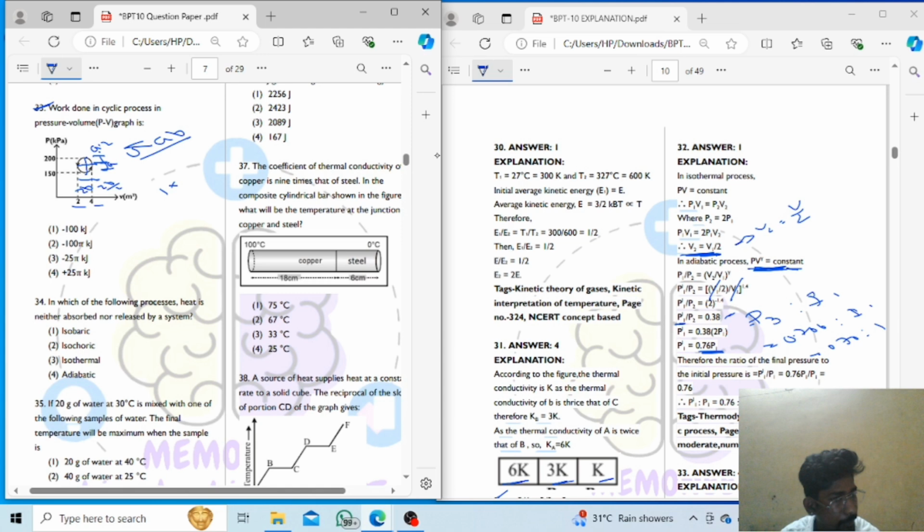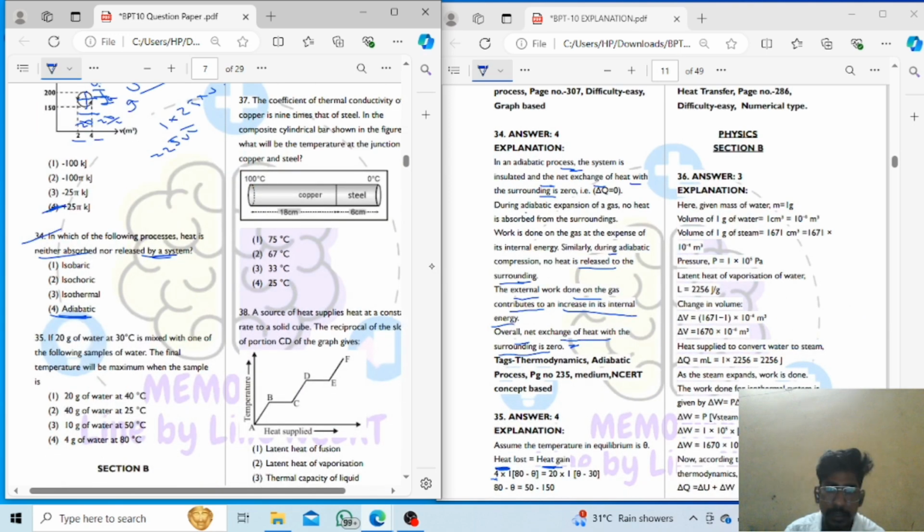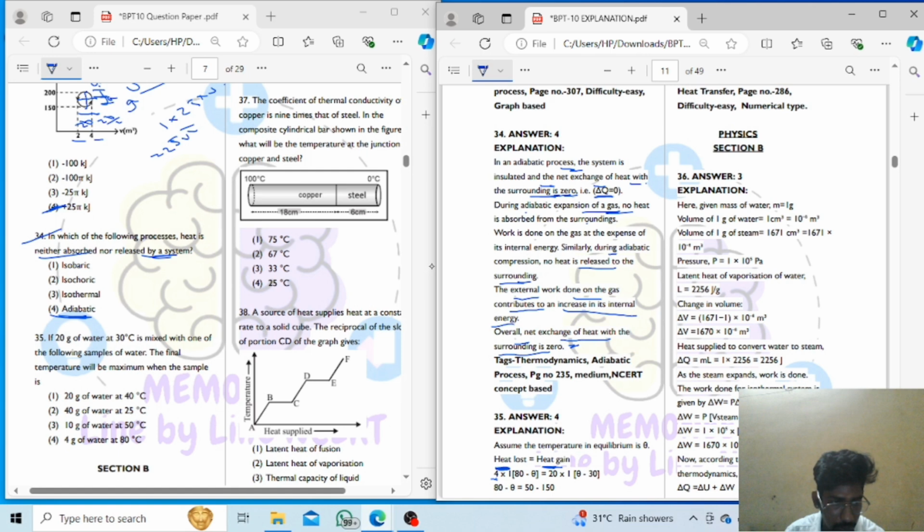Okay, the del Q is always equal to 0. The net exchange of heat with the surroundings is always 0. During the adiabatic state, no heat is absorbed from the surroundings and no heat is released. So therefore, according to question 34, the answer will be the adiabatic process, not the other. Isothermal, the temperature remains constant.